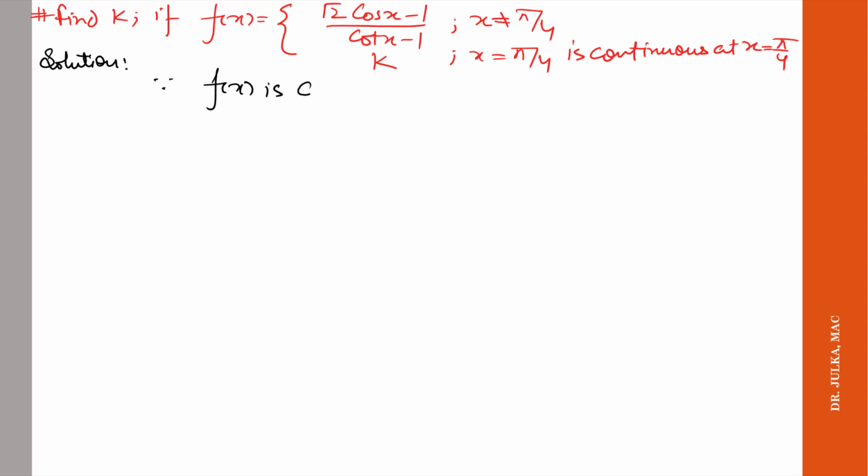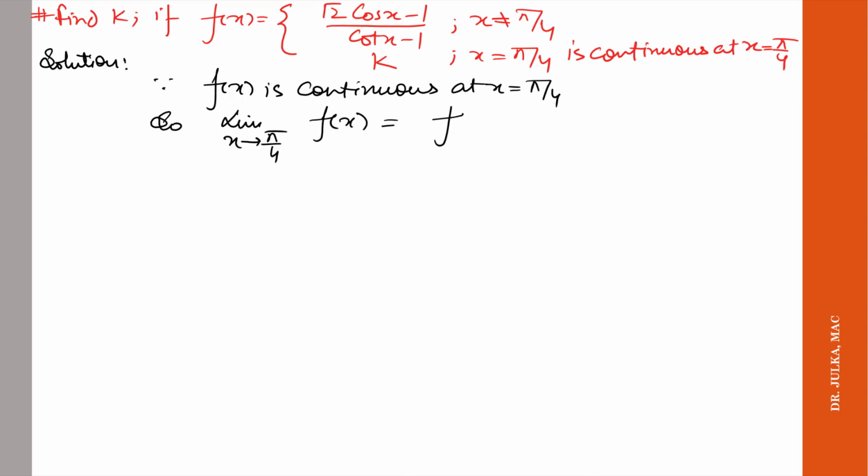Because the function is continuous at x equals pi by 4, limit x tends to pi by 4, f(x) equals f(pi by 4). On the left hand side we take the function root 2 cos x minus 1, the whole divided by cot x minus 1, because here x is not equal to pi by 4. On the right hand side x is equal to pi by 4, and the value of f(pi by 4) is k.